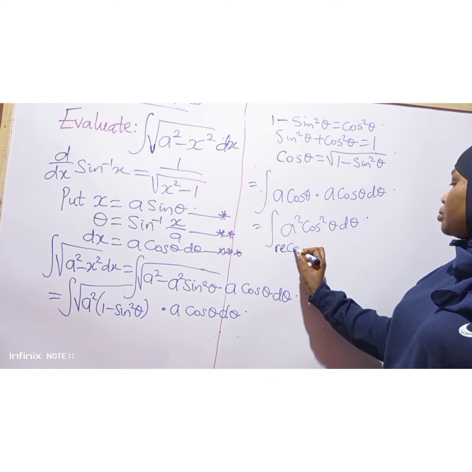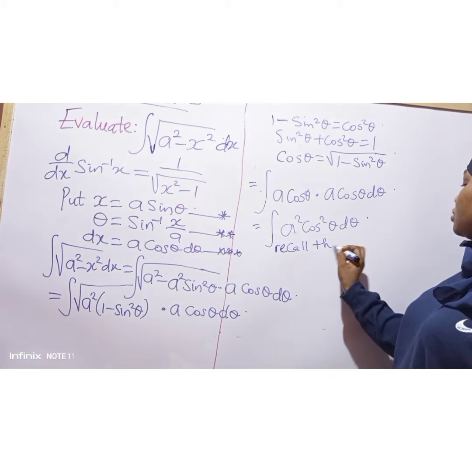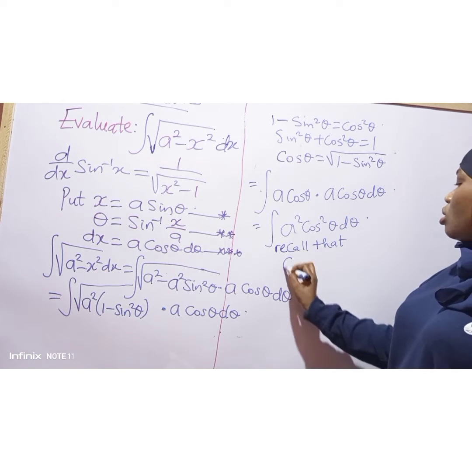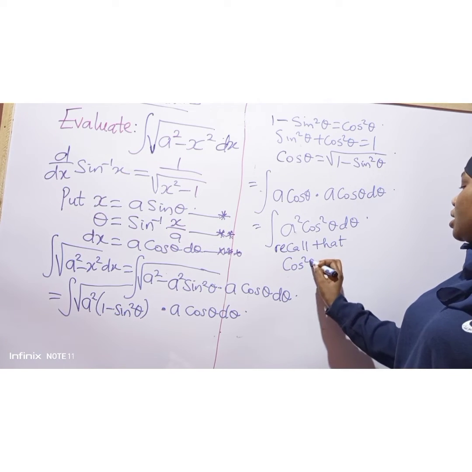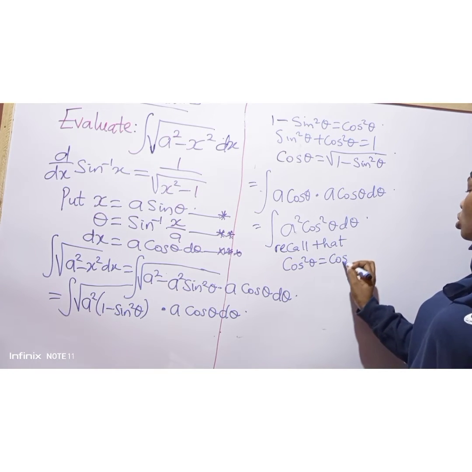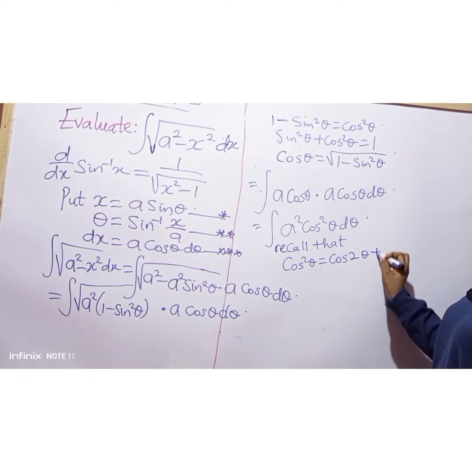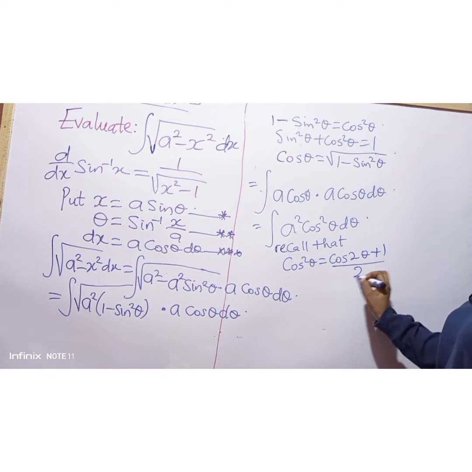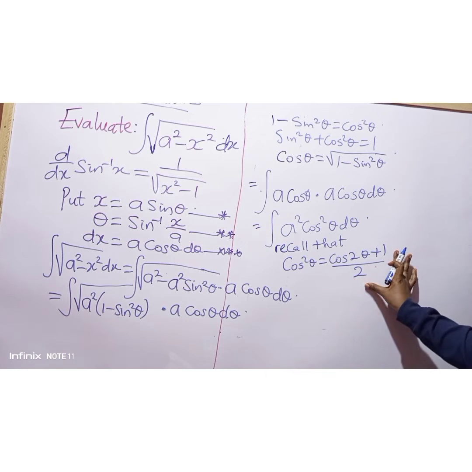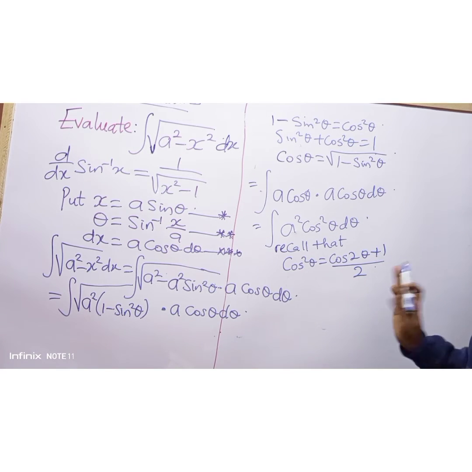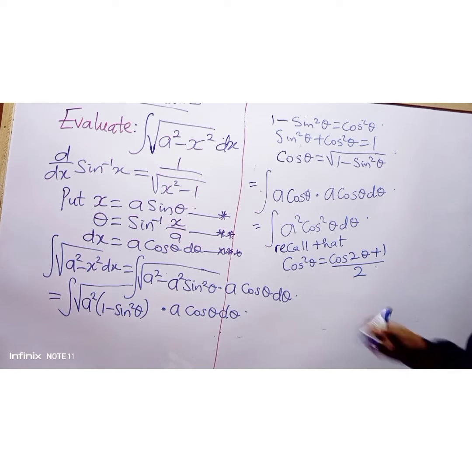Recall that cos squared theta is equal to (cos 2 theta plus 1) divided by 2. If we want to know how I got this, we have to understand the trigonometric identities very well.